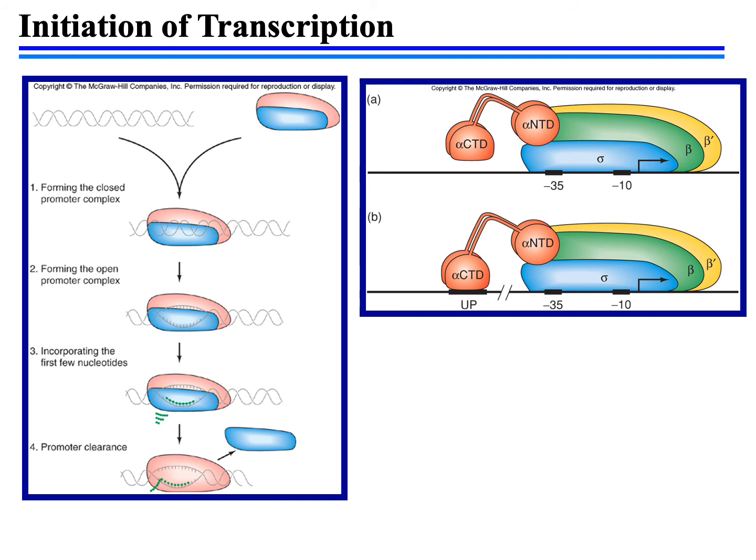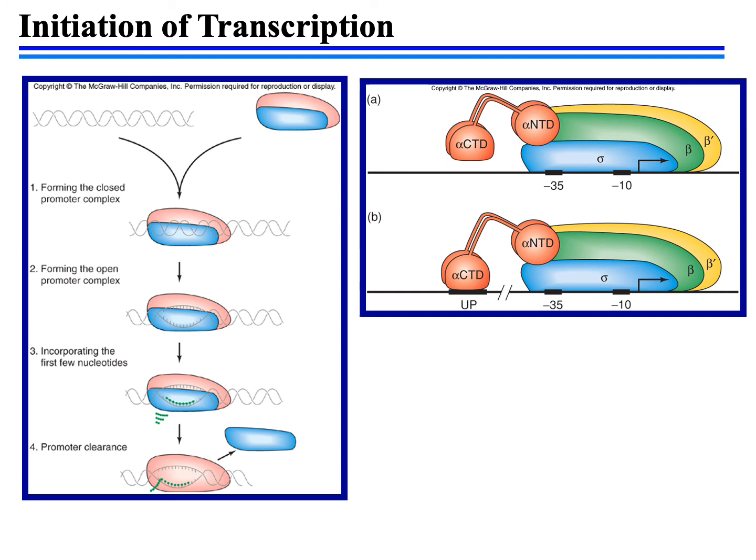So now that we've looked at how transcription occurs in a little bit more detail in the previous two slides, what I want to do is go back to initiation and talk about initiation in a little more detail. If you focus on the left-hand figure, we'll get to the right-hand figure in just a minute, but with the left-hand figure, what you're looking at is what's meant to represent the RNA polymerase and the DNA sequence that it is going to associate with and begin transcribing.